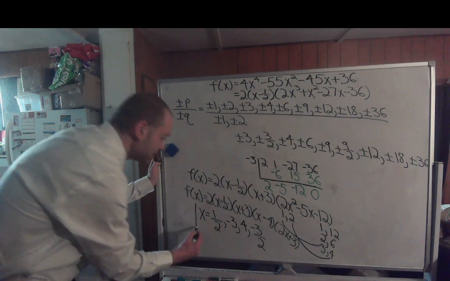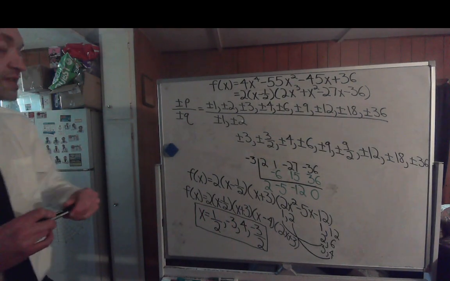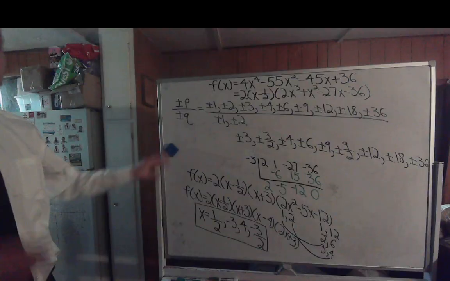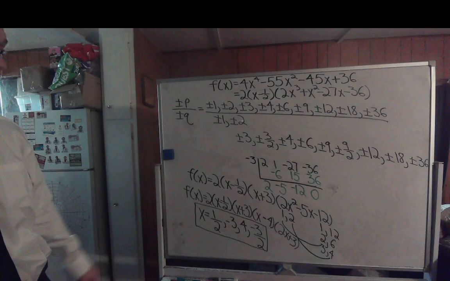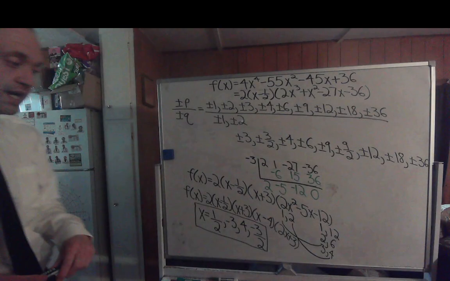So in this case, all 4 of your solutions were real solutions. Since it's a 4th degree equation, you should have 4 solutions, definitely in the complex numbers. In this case, all four numbers happen to be real. You get x equals 1/2, negative 3, 4, and negative 3/2.